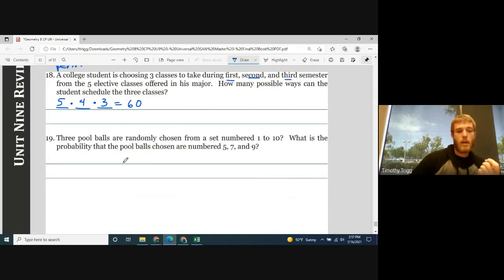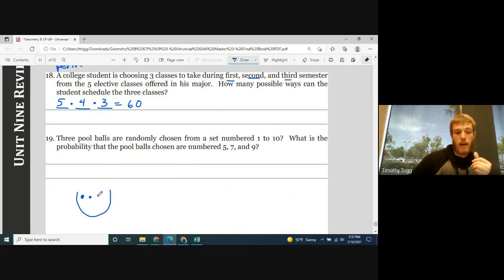Okay, number 19. 3 pool balls are randomly chosen from a set numbered 1 to 10. What is the probability that the pool balls chosen are numbered 5, 7, and 9? Here, the way I like to think of this one is, imagine the bag has 10 balls, and they're either numbered 5, 7, or 9, which are the ones I want, and then all the other ones I don't.